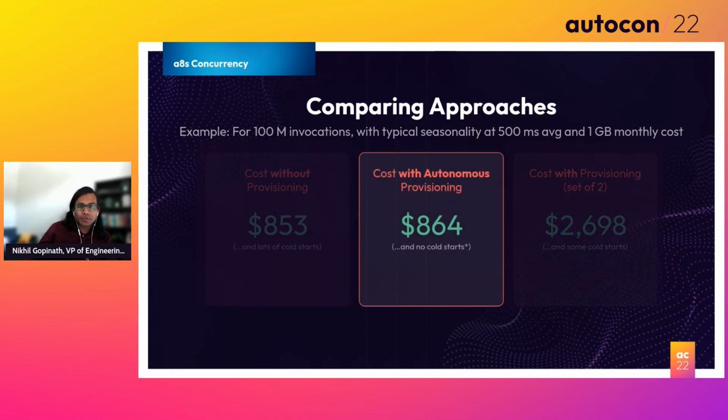But with autonomous provisioning, we are adding a little bit more invocation, but the possibility of cold start has gone down very significantly, at pretty much the same price point as without provisioning. So this is the advantage from a cost point of view when it comes to autonomous concurrency.